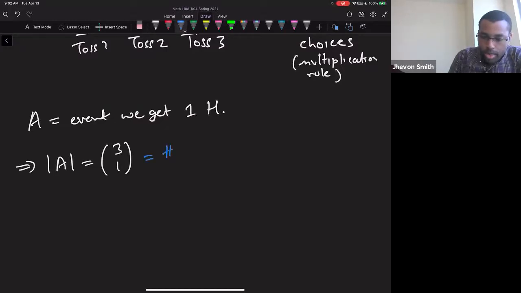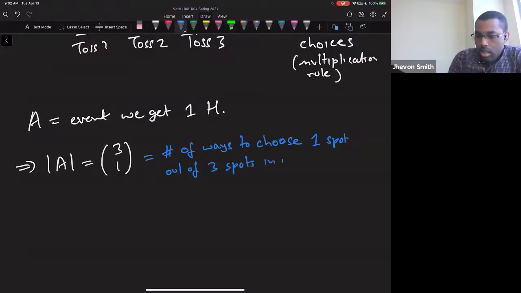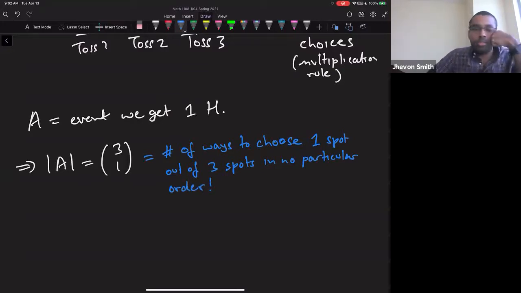This is the number of ways to choose one spot out of 3 spots in no particular order. Right? I don't care when the one head happens, if it happens on the first toss or the second toss or the third toss. I just want one to happen.